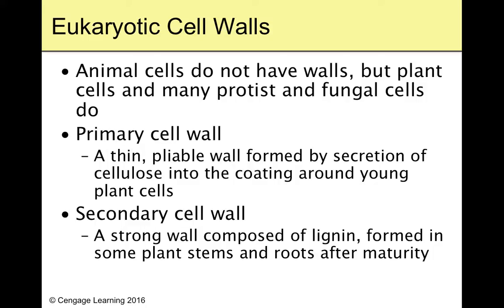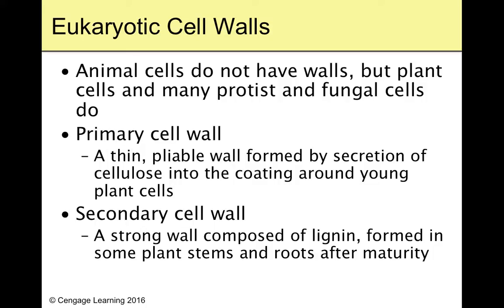When we're talking about cell walls, animal cells, you and I, we don't have cell walls, but plants do, and some fungi do, and a few protists do as well. So when these guys are building cell walls, they have a primary cell wall and a secondary cell wall. A thin, pliable wall is the primary cell wall, and they're pretty much secreting cellulose around the plant cells that are brand new.